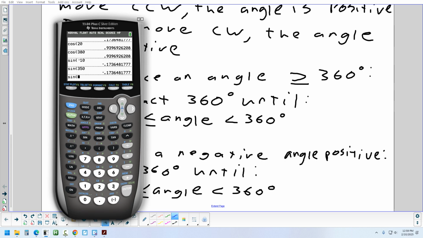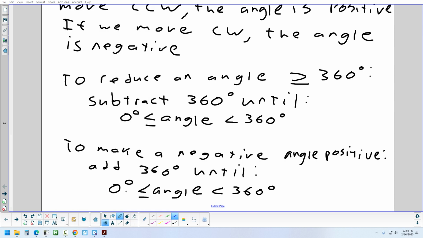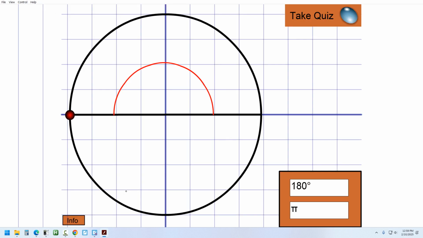And if you added another 360, you'd get the same answer. You can keep adding 360 as many times as you want. It will not change the answer because you're at the same coordinate on that circle. You have to add a full revolution to get to the same spot. Either add or subtract.